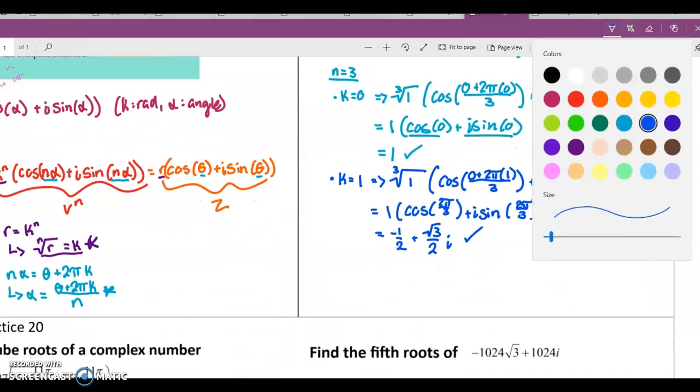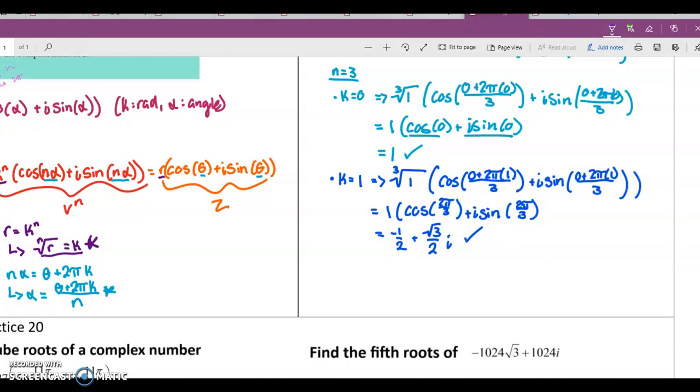Moving on to our last one, where k is equal to 2, because we go up to n minus 1, so 3 minus 1 is 2. We plug into that same formula, cube root of 1 times cosine of 0 plus 2 pi times 2 over 3, plus I sine of 0 plus 2 pi times 2 over 3.